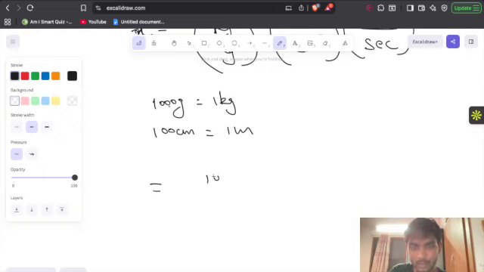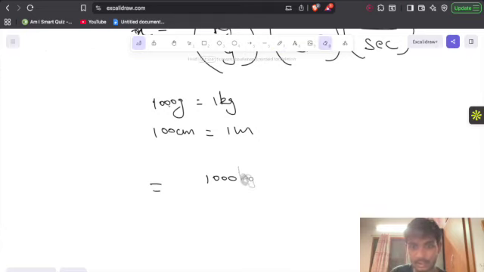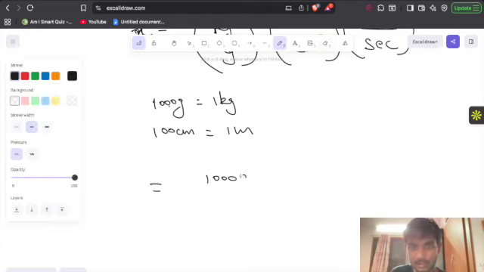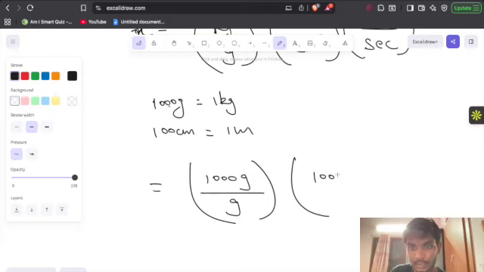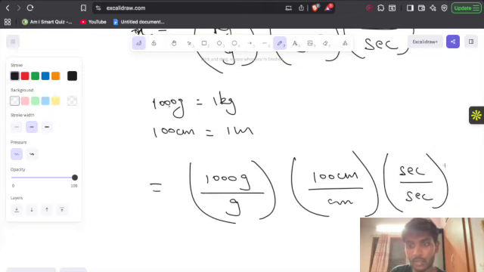So I'll put 1000 gram by gram into 100 centimeter by centimeter into second by second whole power minus 2. Okay, so gram will get cancelled, centimeter will get cancelled, second will get cancelled.